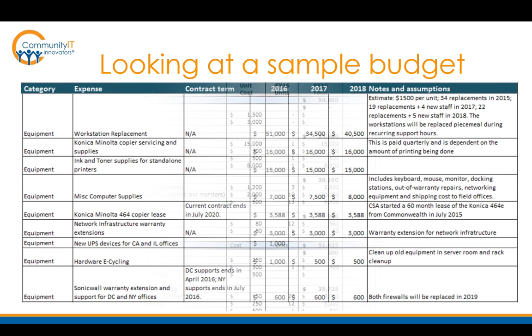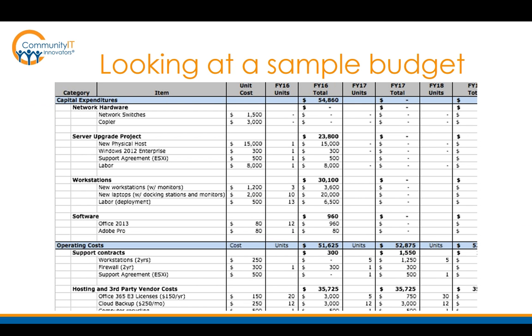Here, of course, this is a Run, Grow, Transform budget again, and we have some additional rows here, such as contract term and additional notes and assumptions that help us get a more in-depth look at each one of these line items. So we'll look right here at the top, where the workstation replacement, of course, doesn't have a specific contract term.